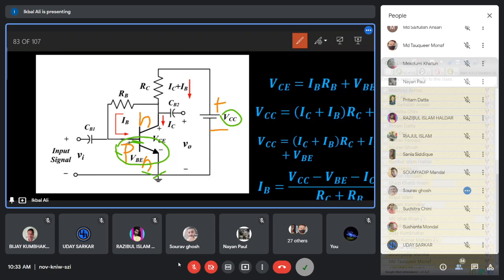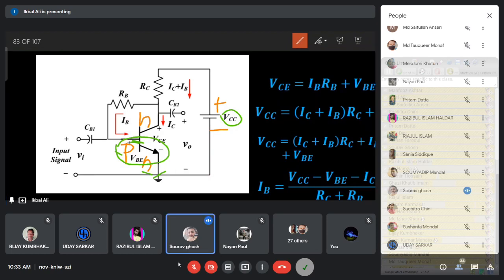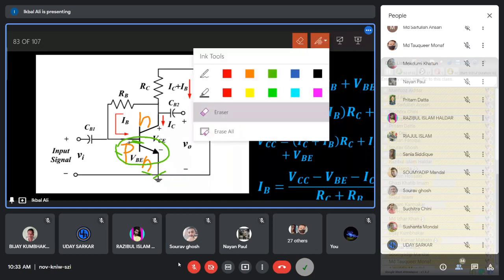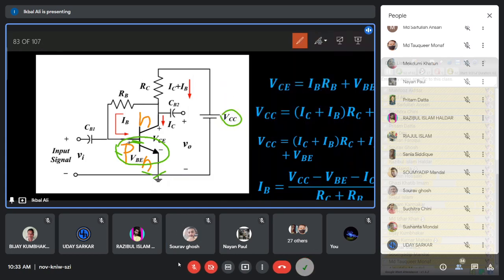Have you got it? Yes, sir. Okay, let us now change the polarity. Suppose the polarity of the battery is like this: this is your positive terminal, and that is the negative terminal.